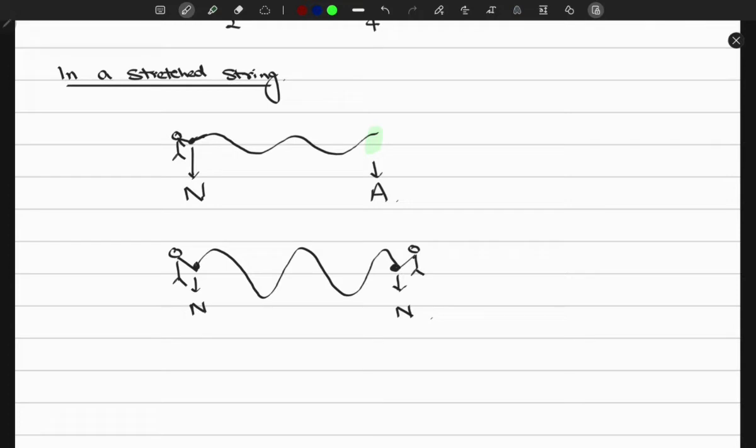And if two nodes are formed at the ends, this implies that the total number of nodes is equal to antinodes plus 1. So nodes exceed the number of antinodes by 1, because at the ends we get a node instead of an antinode.